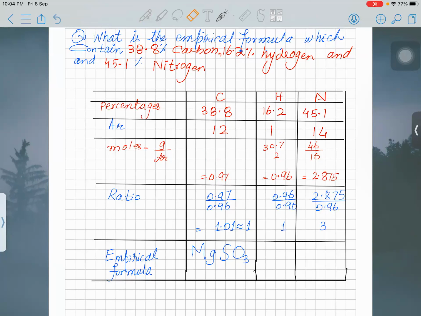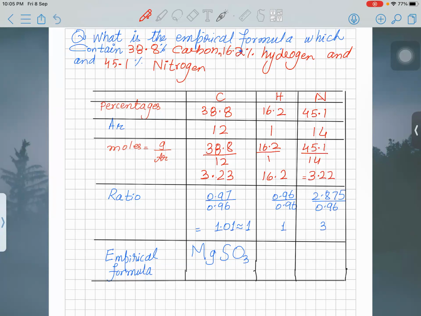Now moles: 38.8 divided by 12, 16.2 divided by 1, 45.1 divided by 14. 38.8 divided by 12 is 3.23. And 45.1 divided by 14 is 3.22.